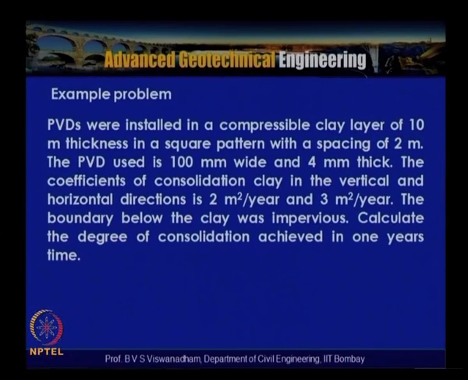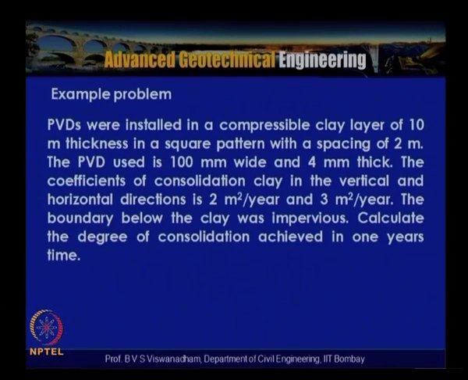Now, after having discussed the PVD characteristics and the installation issues, let us look into a couple of problems. PVDs were installed in a compressible clay layer of 10 meter thickness in a square pattern with a spacing of 2 meters. The PVD used is 100 mm wide and 4 mm thick, and the coefficients of consolidation of the clay in the vertical and horizontal directions are 2 meter square per year and 3 meter square per year.